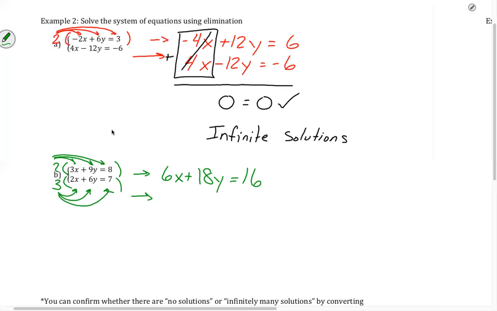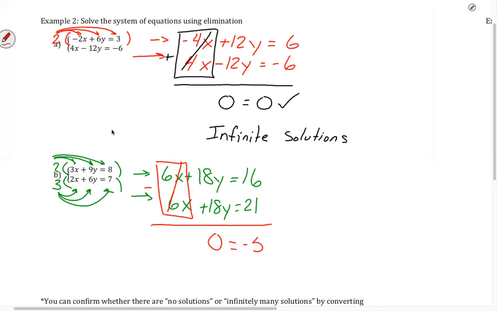That gives you 6x plus 18y equals 21. And Lance said, I'm getting rid of the x's, so let's box those in. So they're the same, so I subtract. 18 minus 18 is 0. 16 minus 21 is -5. Well, that's false, right? So it would be no solution.